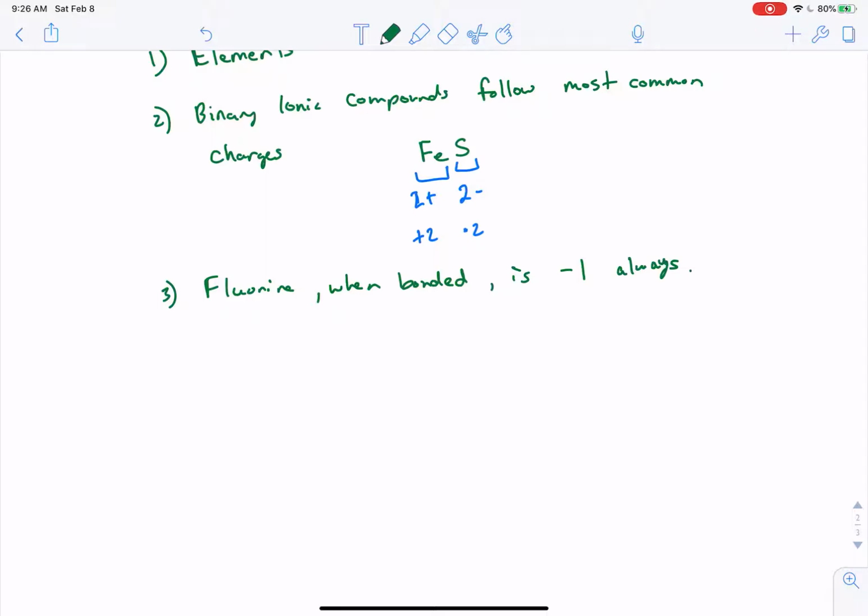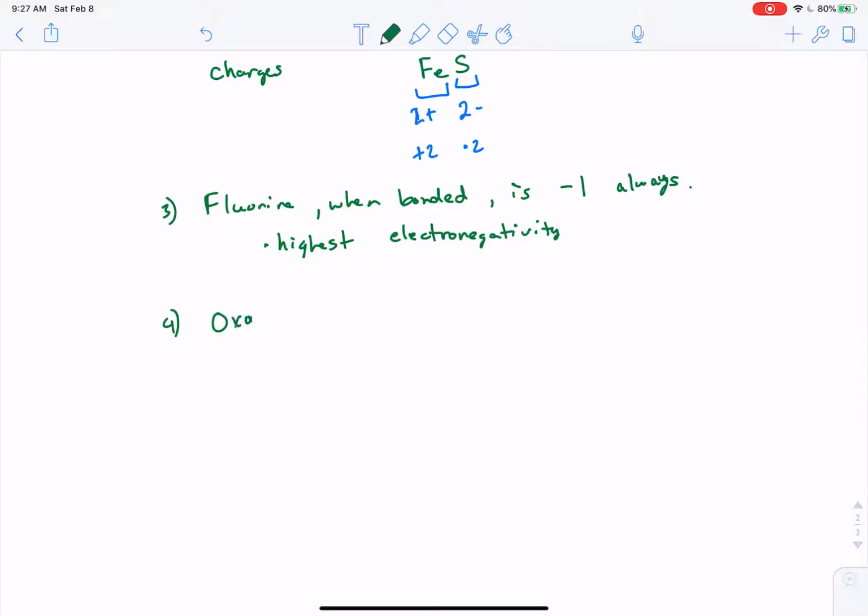Unless obviously it's F2, but anytime it's bonded to something else, it's always -1 because it has the highest electronegativity. So it will never lose electrons, it will always gain. It will always own whatever electrons they're sharing with another atom. So fluorine's always -1.